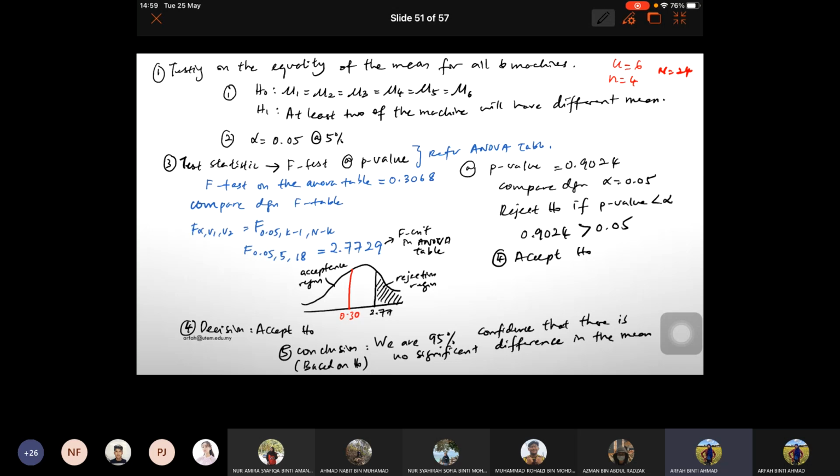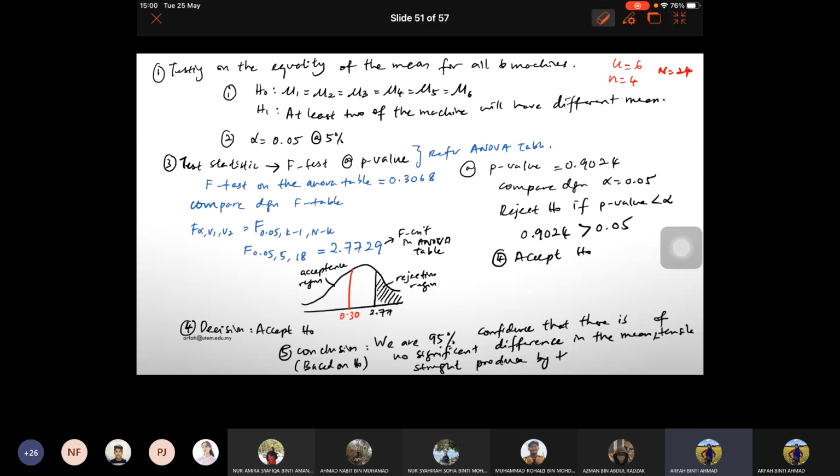In the meantime, let's see and indicate whether there is significant difference in the mean tensile strength. Okay. In the mean of tensile strength produced by all the 6 machines.